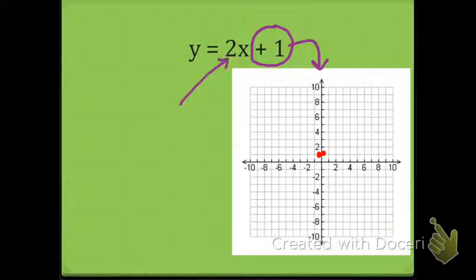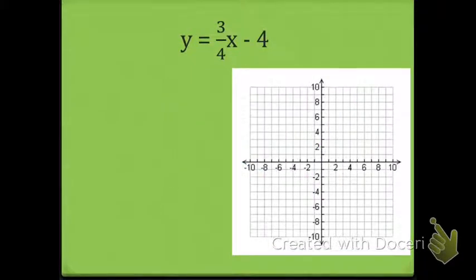Your second dot will be the slope, and the slope is 2. Remember, we said it's easier written as a fraction. So for this one, you would go up 2 over 1 and put a dot there. Then you have 2 dots, and you can connect them with a straight line. And that's how you would graph using that one.